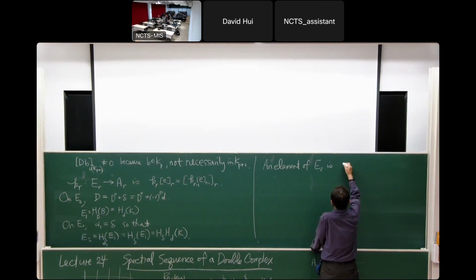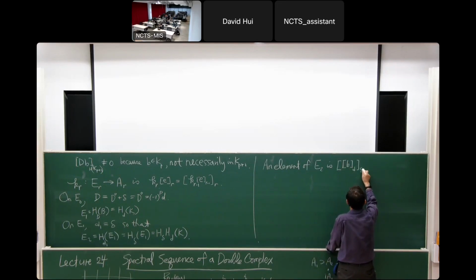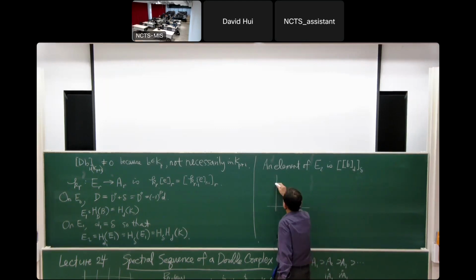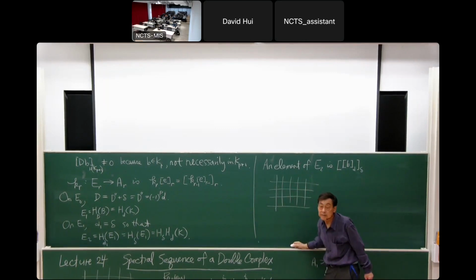It would be the class of an element B, first in the cohomology with respect to d, then in the cohomology with respect to delta. Such an element, we have seen before, is represented by a zigzag.